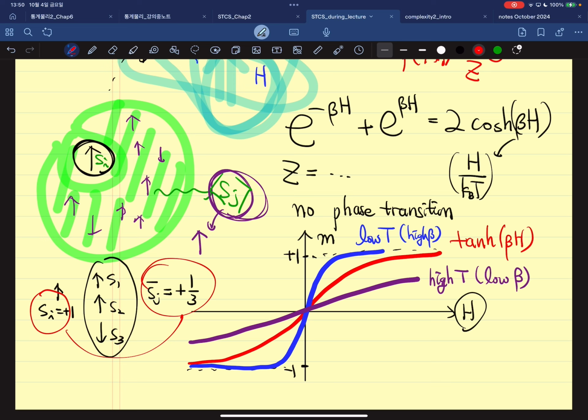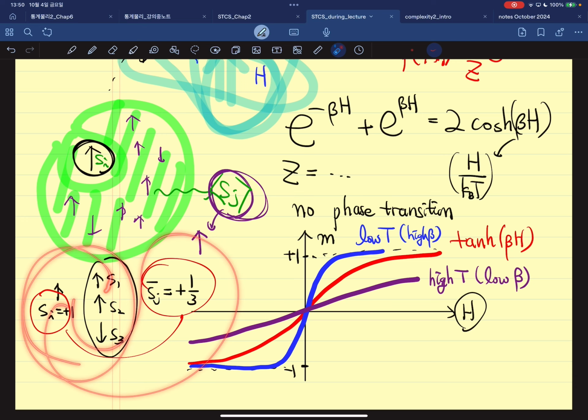Of course, because of this fluctuation away from this average value, you cannot just replace this problem with this problem.